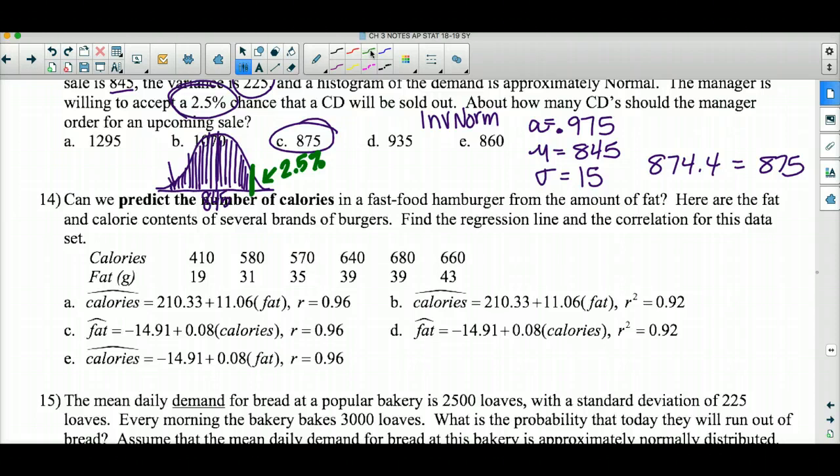But remember, probability always works with the left side. So we want to know the probability that you get it, and that tells us the value we have to order. Then if some more people than that come in, they're not going to get it. That's a 2.5% chance that will happen.